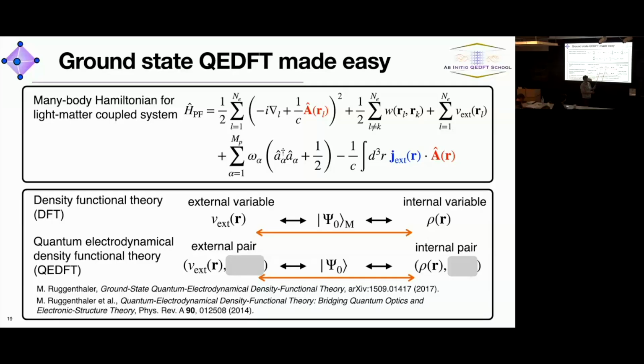So in order to do the mapping, we also need an external one. In this case, the external one is an external current. It's a classical external current, and it will couple to the photon field. Okay, so now the question is about these two grand boxes.